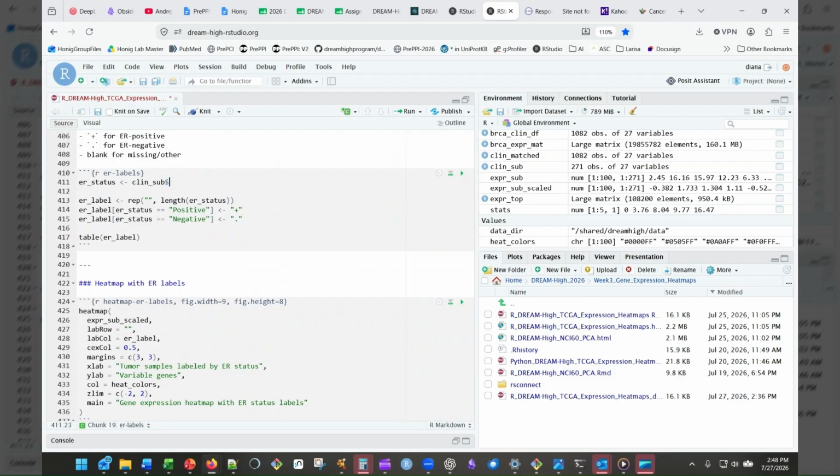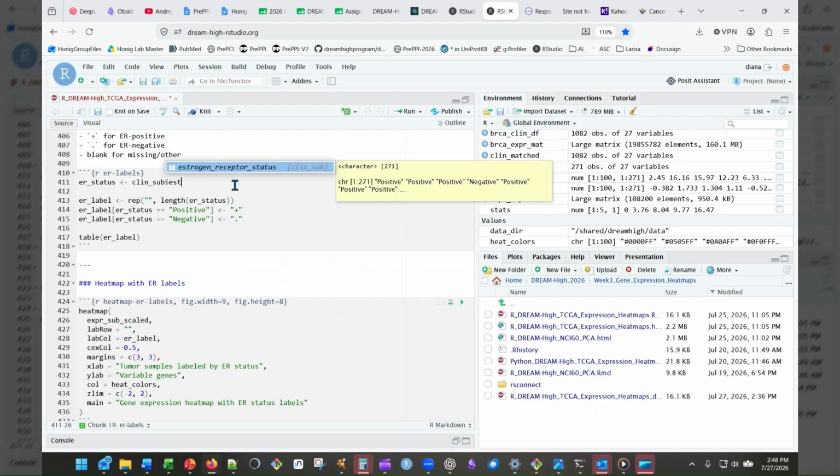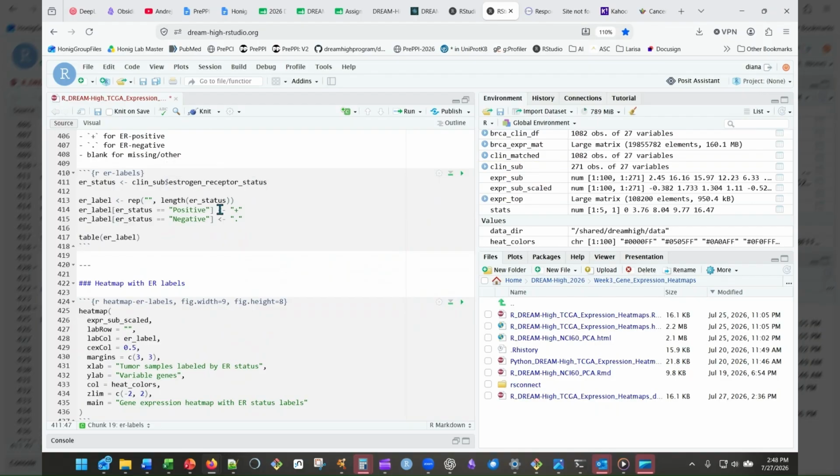With the data frame, if we start typing in the name, it gives it to us. So we're going to replace every positive with a plus sign and every negative with a dot. And then we're going to look at a table of our labels.